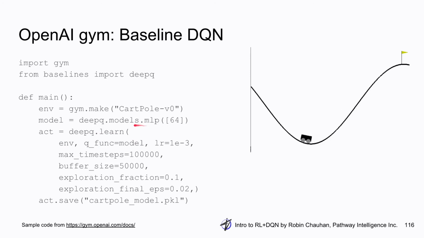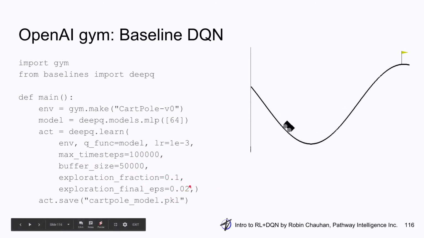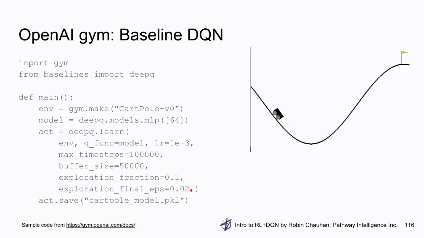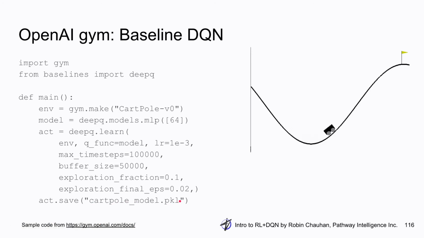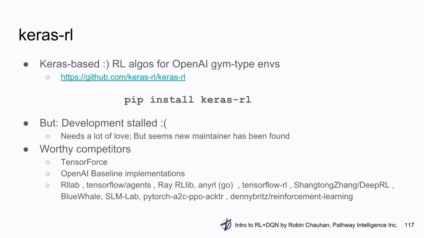It has a little helper function that builds a network for you, but that's just saying a network with 64 hidden units. A learning rate, and here's your epsilon. Here that means it's a schedule. The epsilon has a schedule of getting smaller over time. And that one line trains your agent on that environment. When you're done, you save it, and now you have an agent that can solve this one task. So, at this level, it's kind of simple.